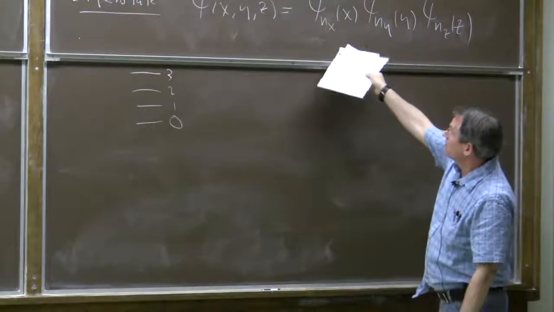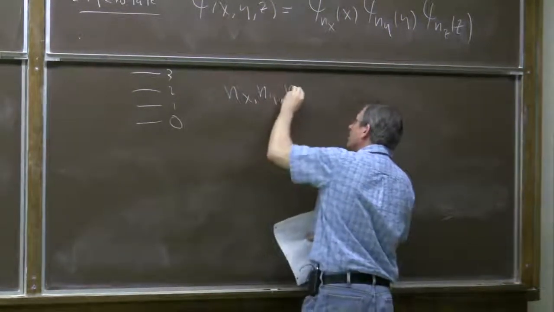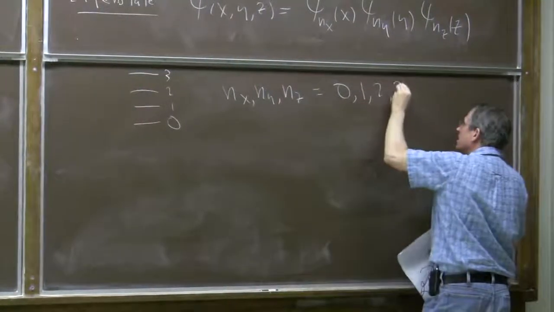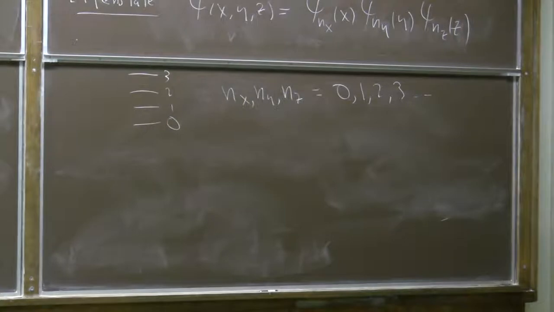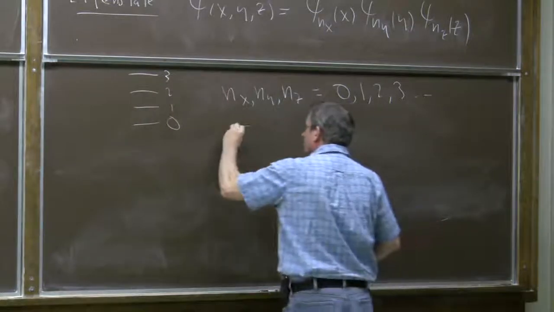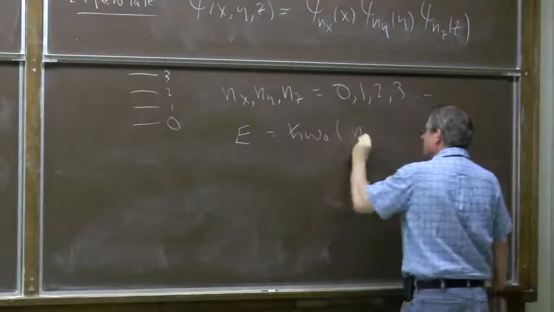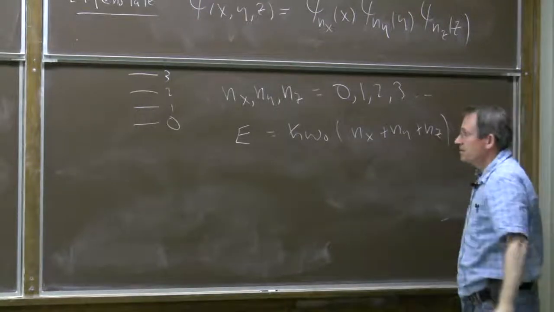And so I can specify the eigenstate by giving values of nx, ny, and nz, which can be 0 for the ground state, 1 for the first excited, etc. And we can define the ground state orbital's energy to be 0, so we don't have to worry about the plus 1/2 in the ground state energy. And the energy of the eigenstate is just h bar omega naught times the sum of the degree of excitation in the x, y, and z directions. Okay?